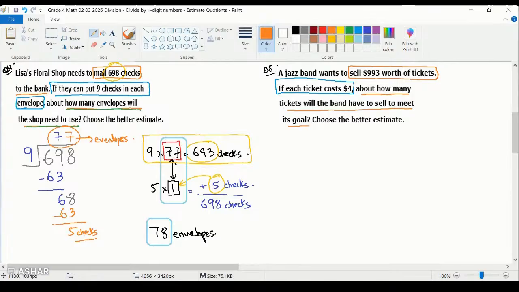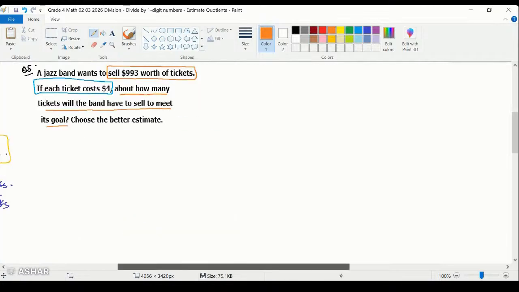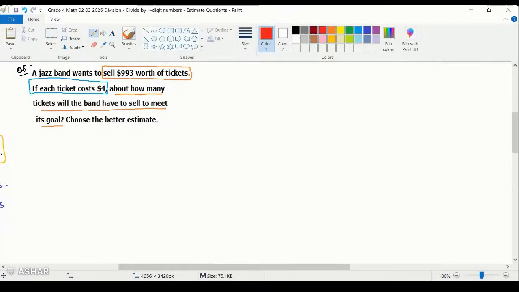So they want to earn $993. Agreed? If they want to earn 993, and the cost of each ticket was $4, let's see how many tickets they need to sell.